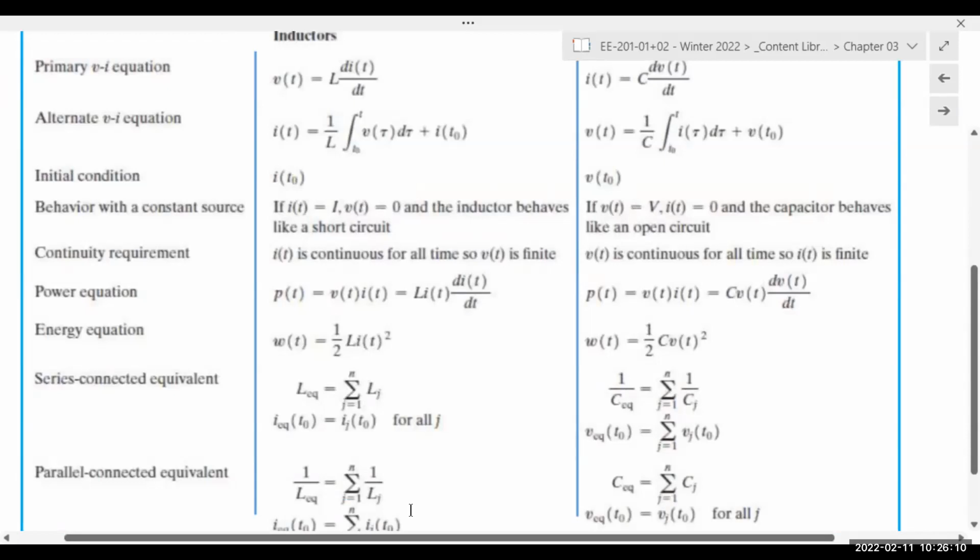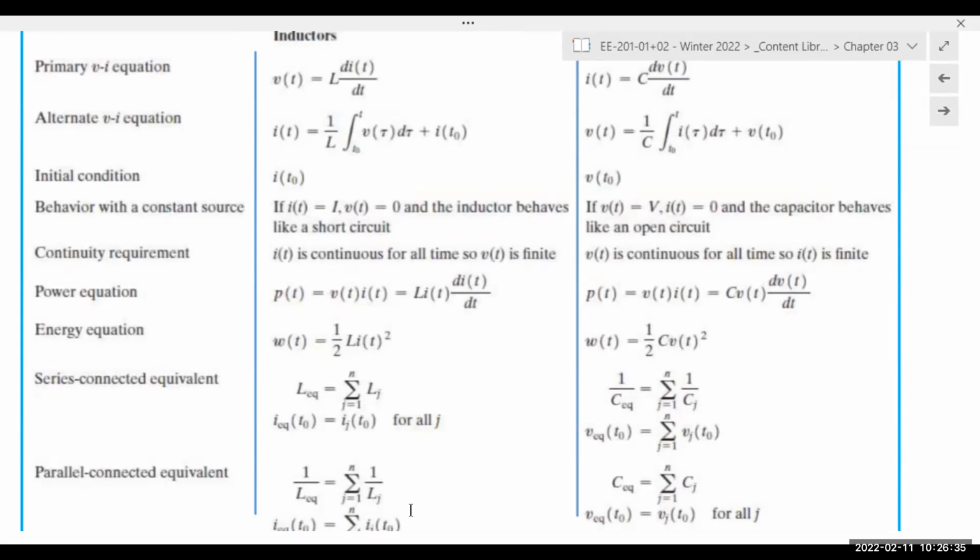Inductor and capacitor: you have the primary equation for inductor, V is equal to L di over dt. For the capacitor, i is C dV over dt. Alternate equation, you simply integrate the quantities. Initial conditions, of course, i and v at t0. Steady state behavior: behavior with a constant source simply means steady state behavior when you apply a DC source, either a DC voltage or a DC current.